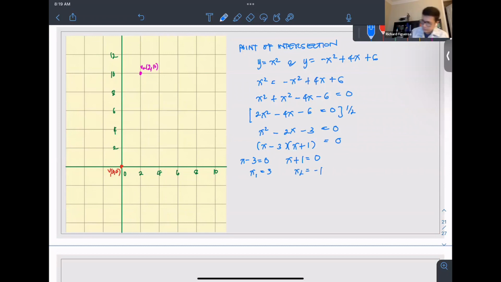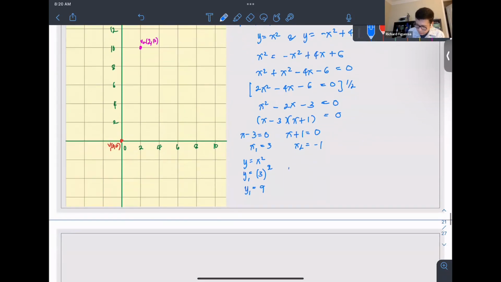Then we substitute, so we get the value of y. Using y equals x squared, either of the two will give you the same answer, but y equals x squared is the easier one. So y1 will be 3 squared, so y1 is 9.